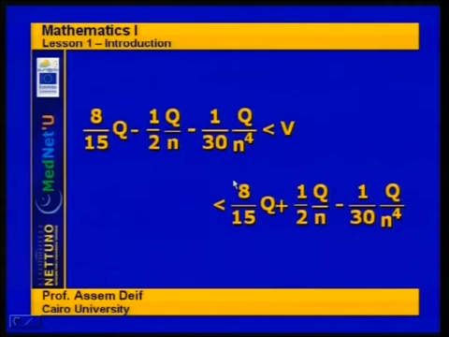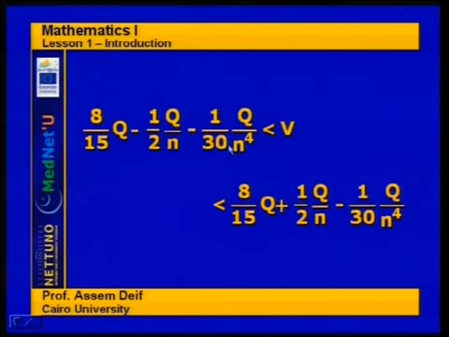This bound tells you that the volume of revolution of the parabola is bounded between two expressions, and if you take the limit when n tends to infinity, you end up with V equal to 8/15 q.